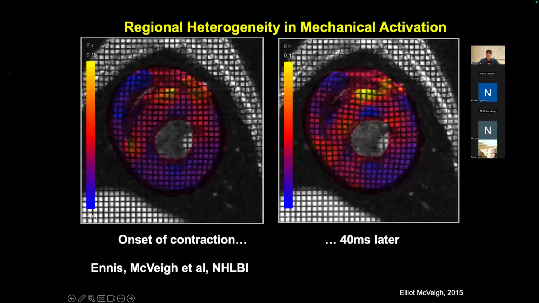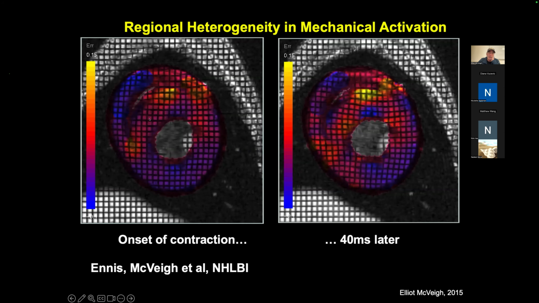And if we look at what we've got in the heart, so I have a hoop around here, right? So there's a length of a line that's along that circle. And then when the heart contracts, that hoop gets shorter. So it becomes a smaller hoop. That's circumferential shortening. You can measure that with very precise localization with tagging, right?